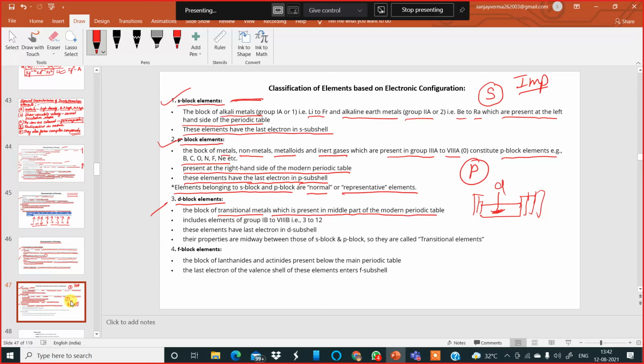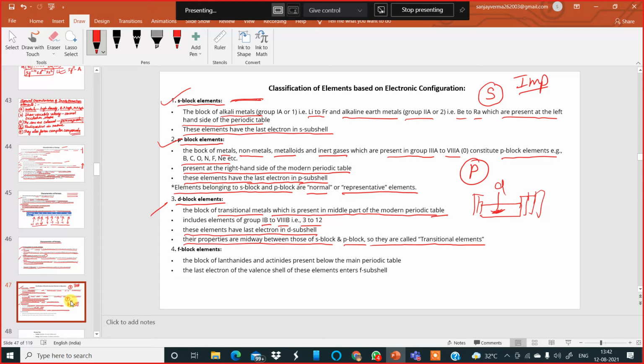In the middle part of the periodic table, including elements from 1B to 8B, that is group 3 to 12 according to the latest nomenclature system by IUPAC. These elements have the last electron in D subshell. Their properties are midway between those of S block and P block, so they are called transition elements. It is a transition from S block to P block. So that is important to remember.